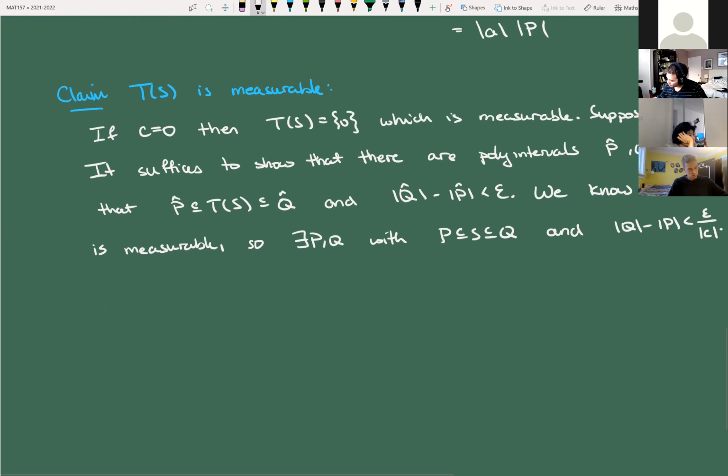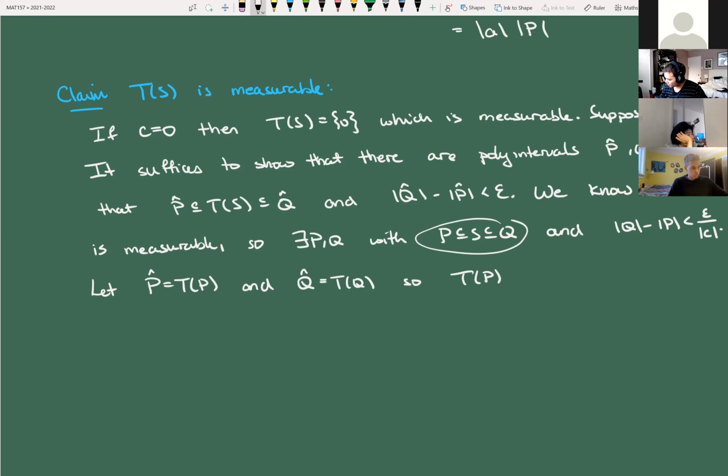Okay, always one of these stupid little cases where you have to think of the empty set or something. Okay, so now I'm going to let P hat equal T of P and Q hat equal T of Q, which will give us, because we've got this chain of subset inequalities here, T of P equals P hat is a subset of T of S is a subset of Q hat, which is T of Q, right?